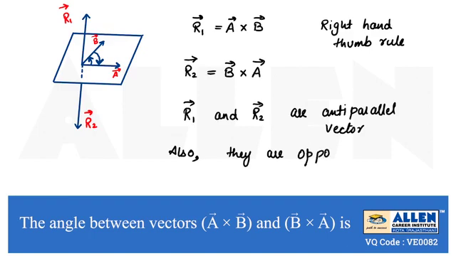Opposite vectors are those vectors which have the same magnitude but their directions are opposite, that is r1 vector and r2 vector are opposite vectors. Therefore the angle between r1 vector and r2 vector will be 180 degrees. Hence the answer to this question is 180 degrees, or in pi we can say pi radian.